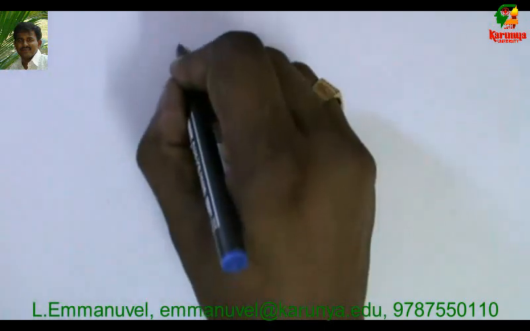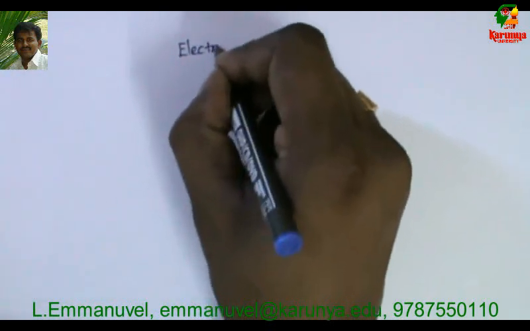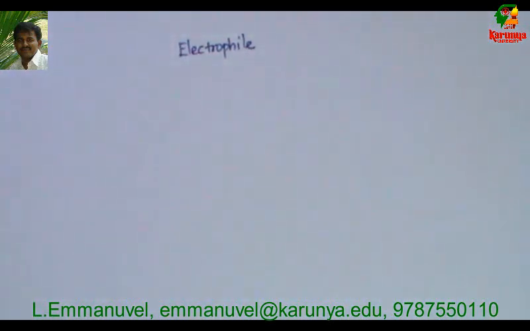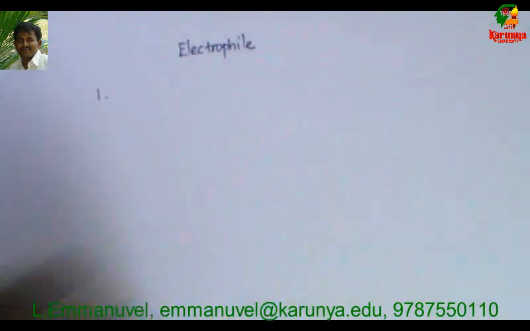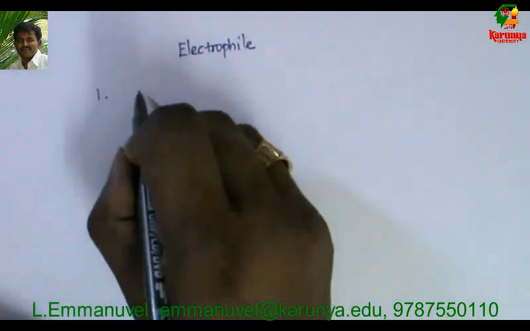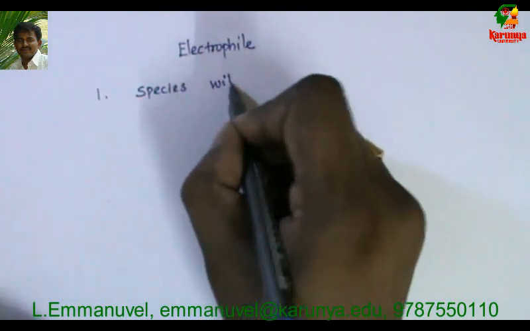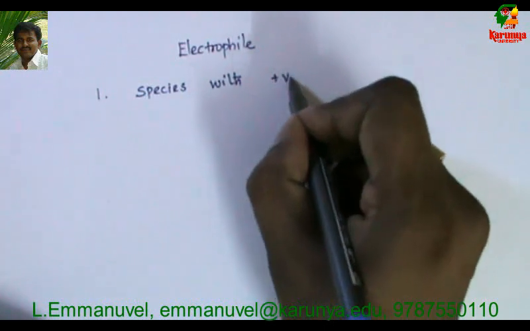Now what about electrophile? Again there are 3 types. First one, species with positive charge.